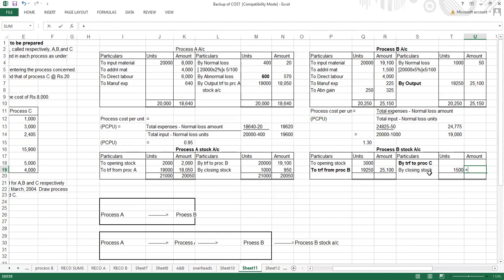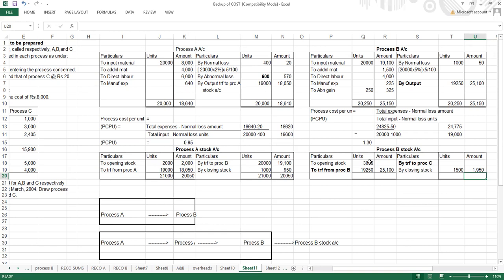So I was calculating the amount: 1,500 units into 1.3, I get 1,950. Now again in this account I can get transfer to process C as balancing figure. So let us calculate that first.